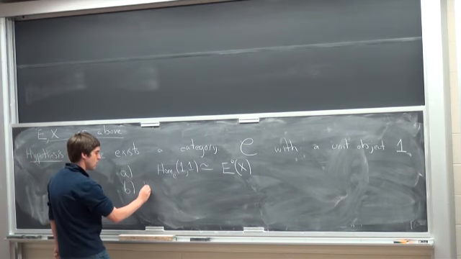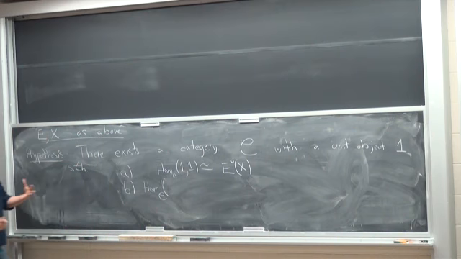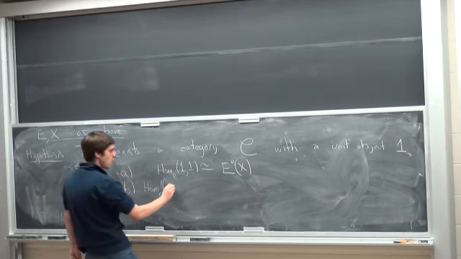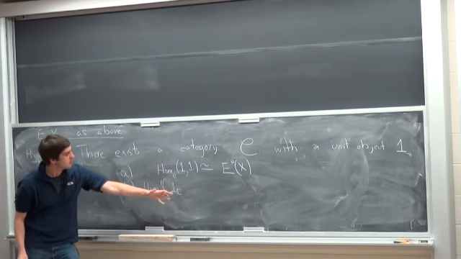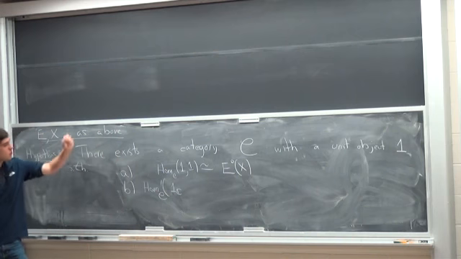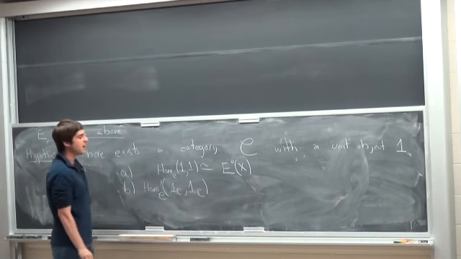Second, there should be some notion in this category of what it means to tensor with the complex numbers. So I'll write that with a subscript C, meaning I take the unit object and then I tensor it with the complex numbers. And I could then compute the endomorphisms of that object.